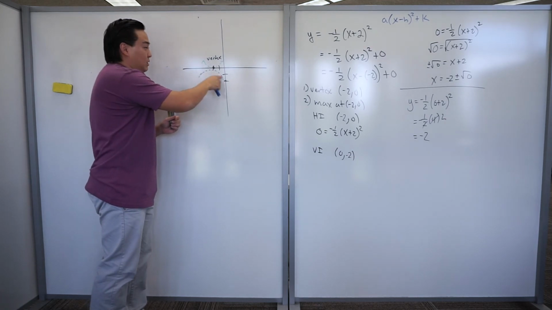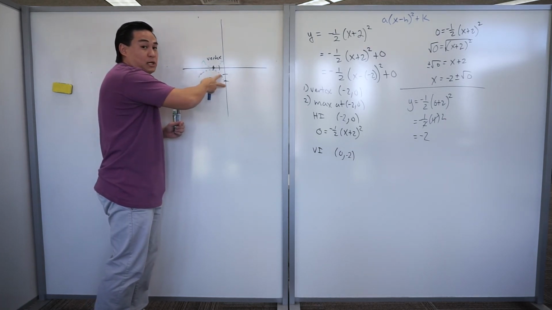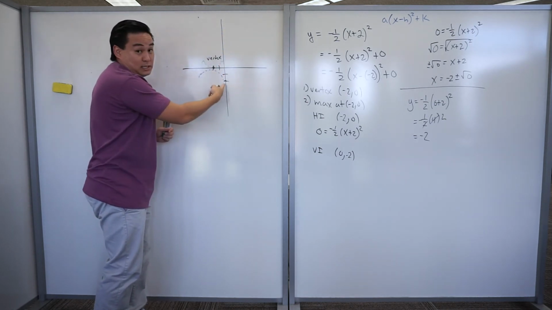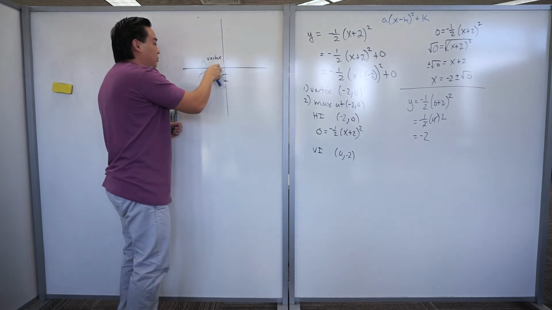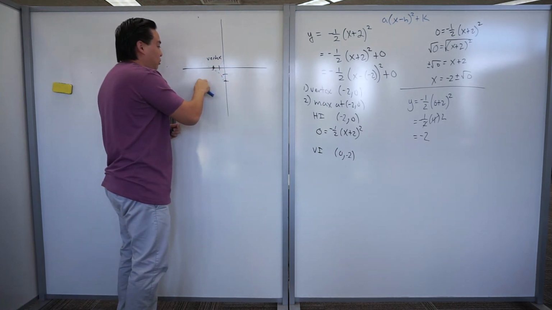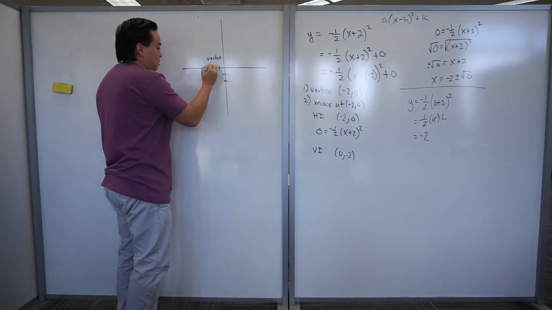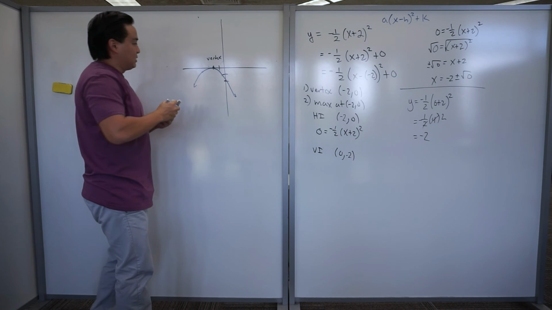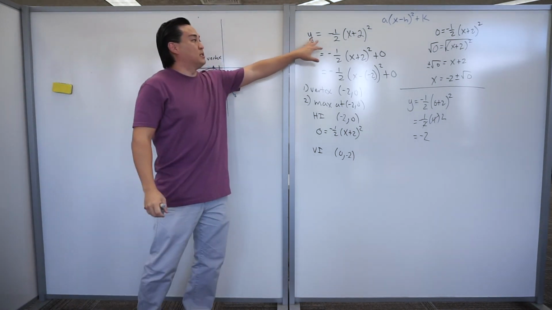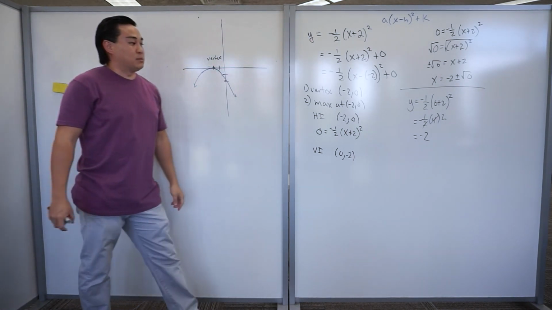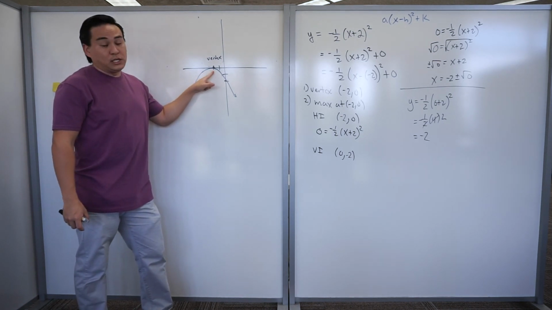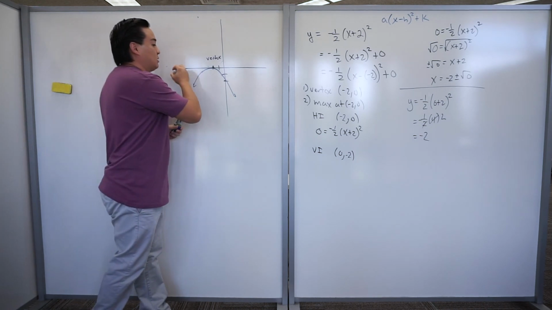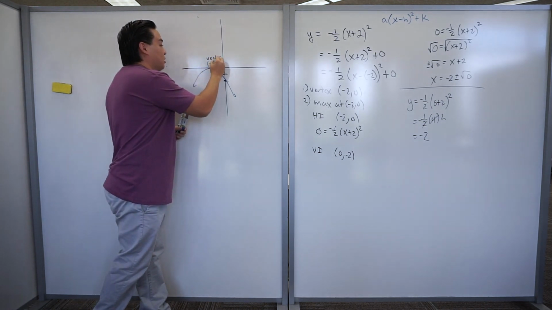So is that okay to say that the blue part is the actual graph that we need, not the one on the top, the green? Because this bowl will never dip back down to hit that dot. So this green one is not the answer. We want the blue one. And this is the graph of the parabola given by y is equal to -1/2 times x plus 2 all squared, where it only touches the horizontal axis at one point, which is given by -2, 0.